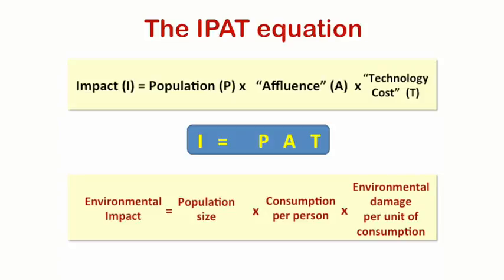Clearly, this is a theory that seems to fit in with common sense. The higher the population and the greater the demands on the environment, the greater will be the impact and degradation of the environment. So this equation tells us that it's not only the size of the population that matters, it is also important to take into account the consumption of resources.